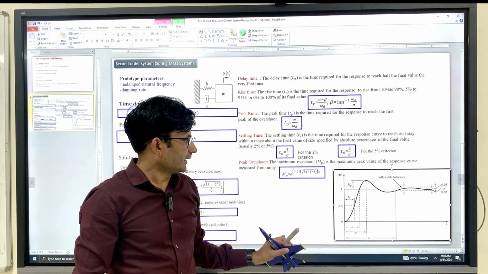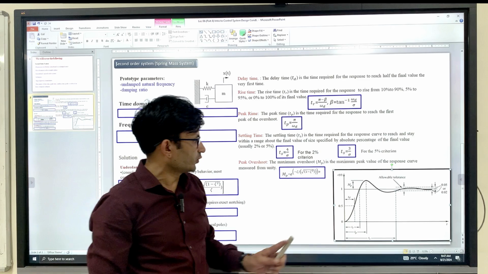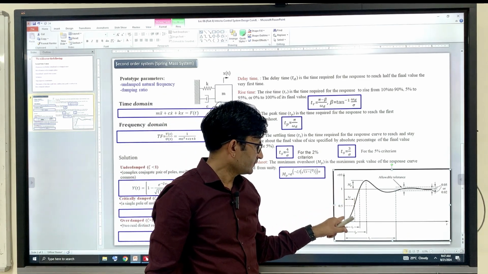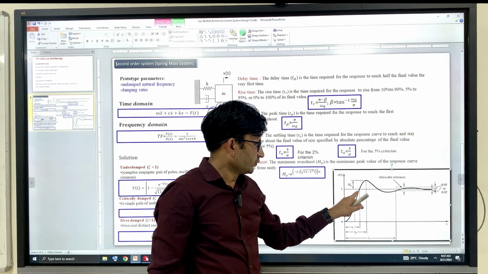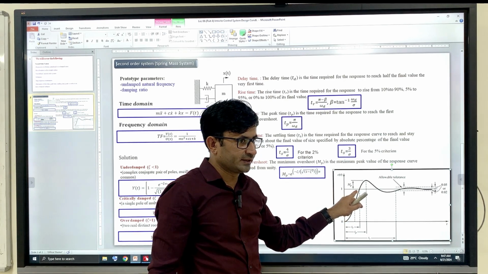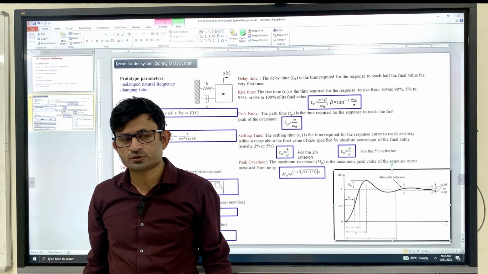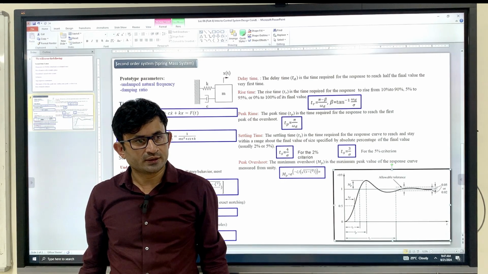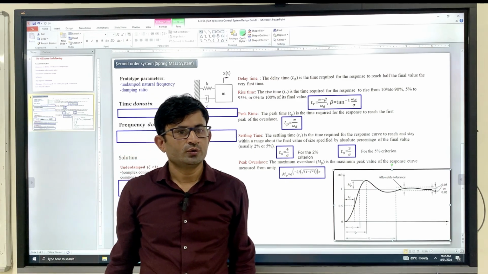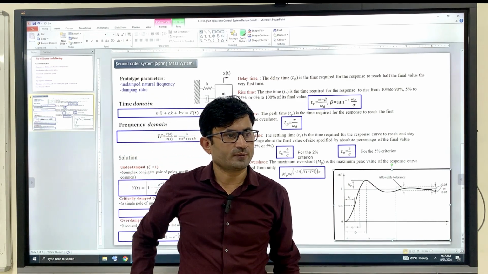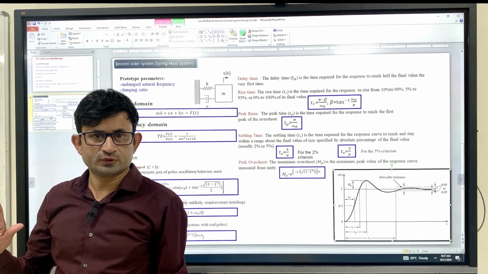Okay, and now while doing this, for example if you want to reduce the rise time, while reducing the rise time, what you will do? You will try to increase the proportional, and in order to smoothen the response, you will reduce the derivative gain, and also if the system response is faster, you will reduce the integral action.